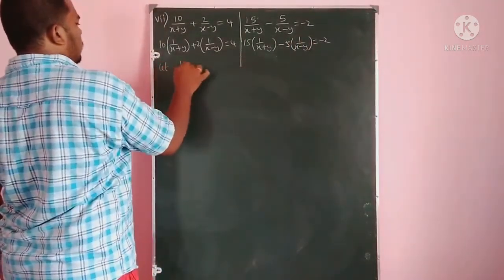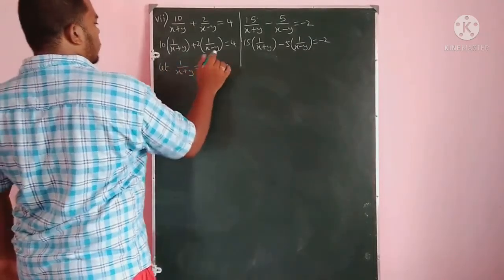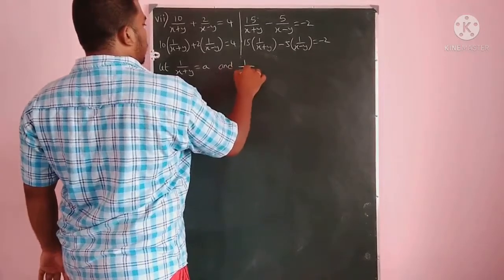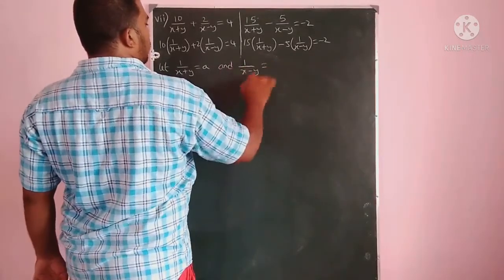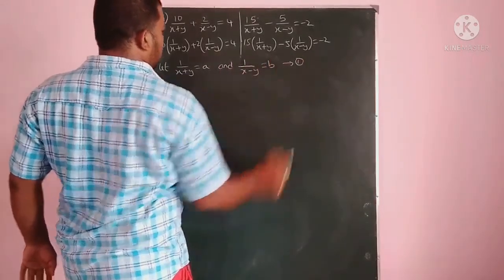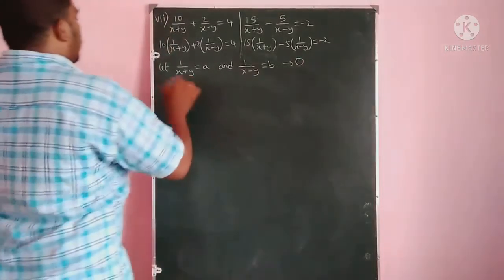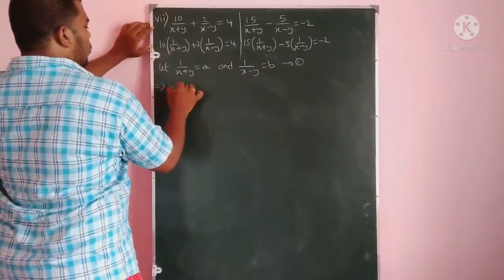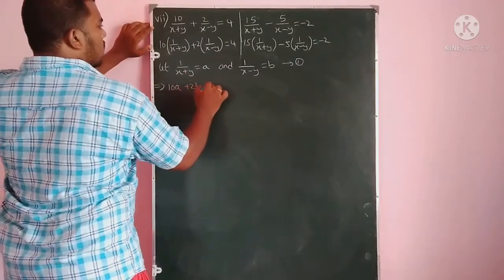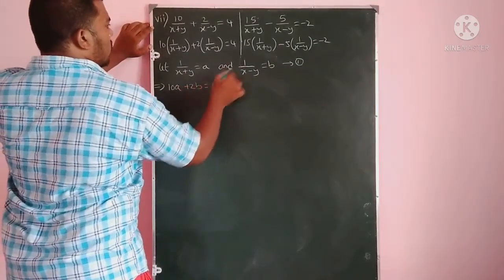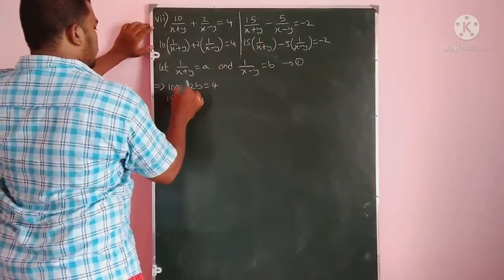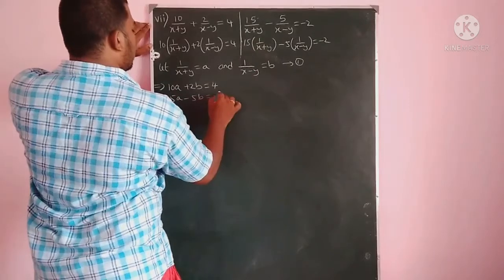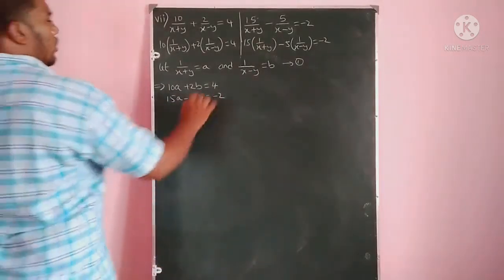So let 1 by x plus y be a and 1 by x minus y be b. Consider these as equations 1 and 2. So now rewriting, we get 10a plus 2b equals to 4 and 15a minus 5b equals to minus 2.